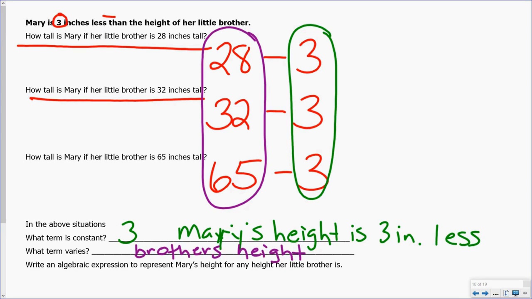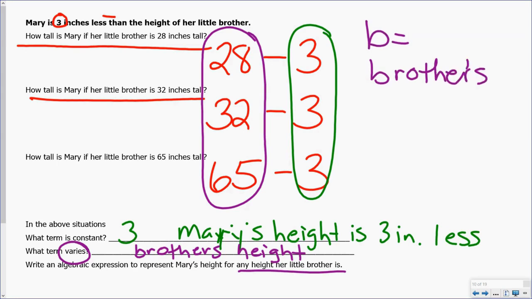So now it says to write an algebraic expression to represent Mary's height for any height her little brother is. So again, it says for any height. That means we need to come up with a variable. Well, varies is what a variable is. So her brother's height is what our variable is going to equal here. So we need to say that. So B equals her brother's height.